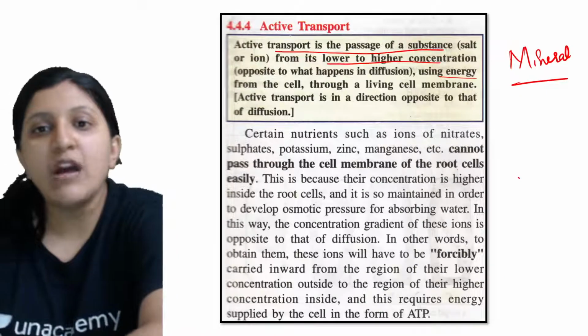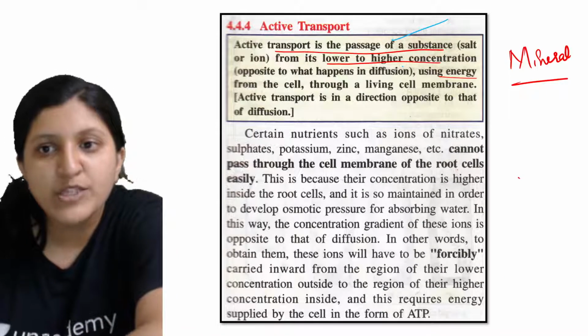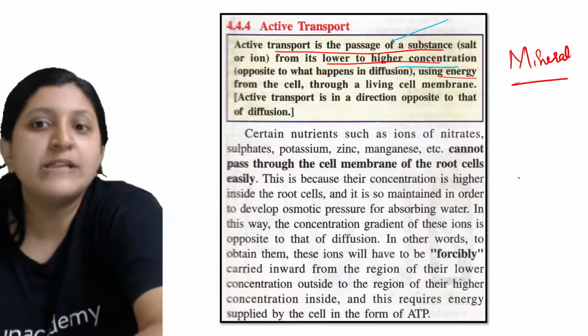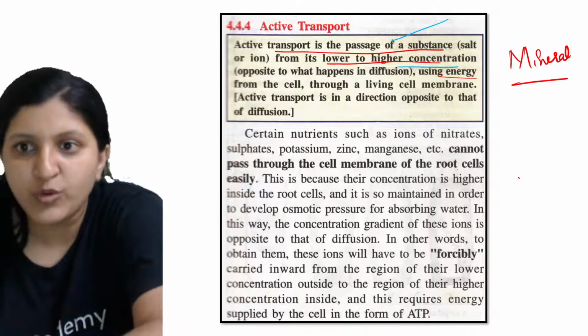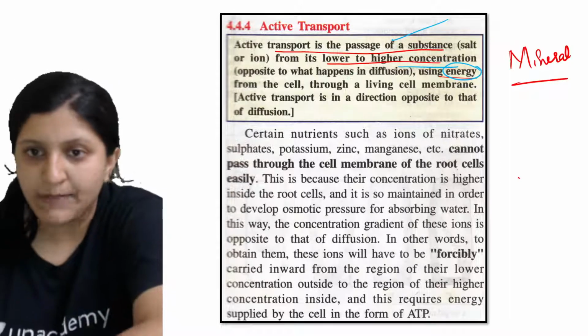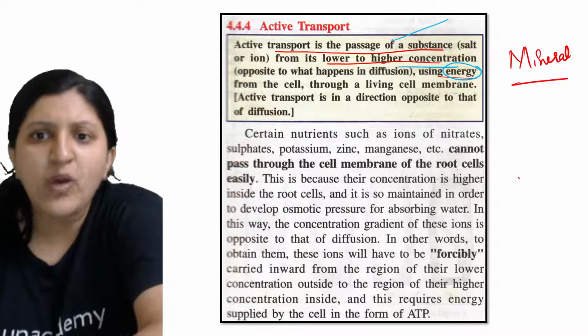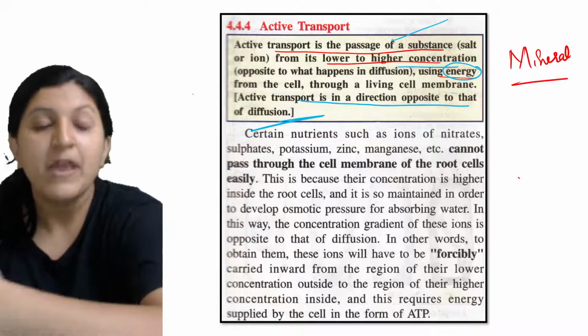Active transport, when we mention it, is the passage of a substance from its lower to higher concentration, opposite to what happens in diffusion, using energy through a living cell membrane. It is a direction opposite to that of diffusion.